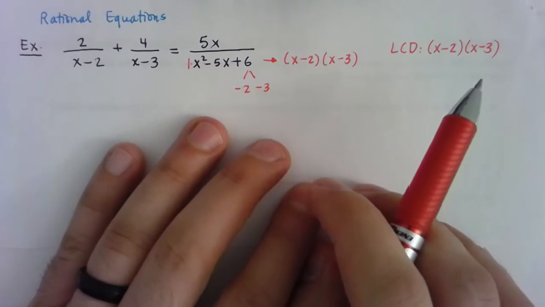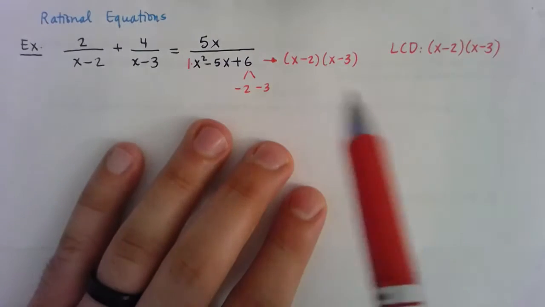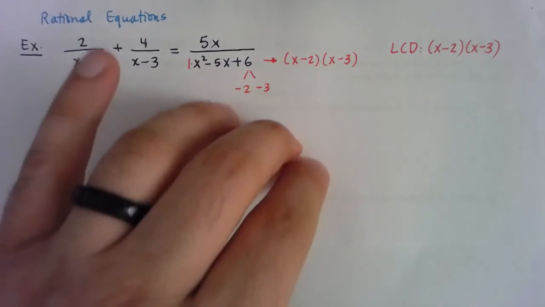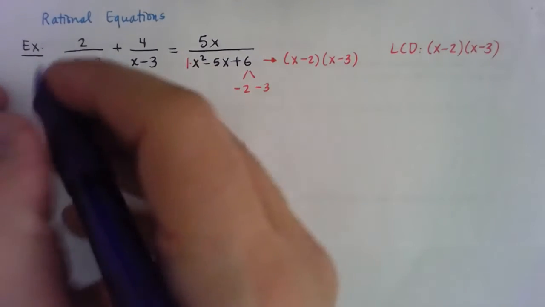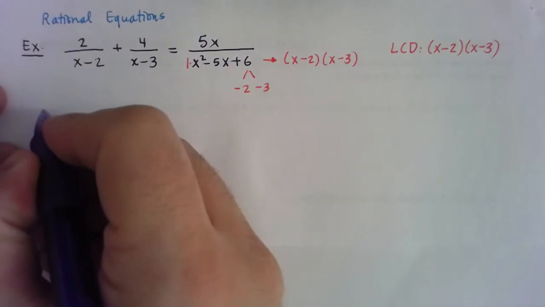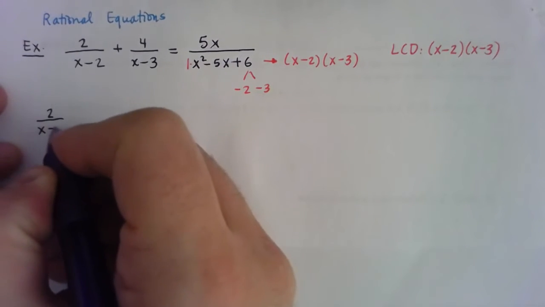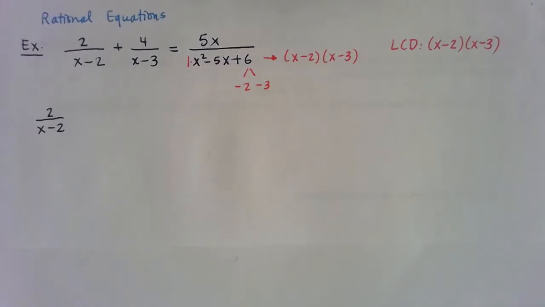The point of the LCD is this: if you multiply each term by the LCD, you will get rid of all the fractions. So multiply each fraction here by the LCD. Let me write it in a different color in detail.